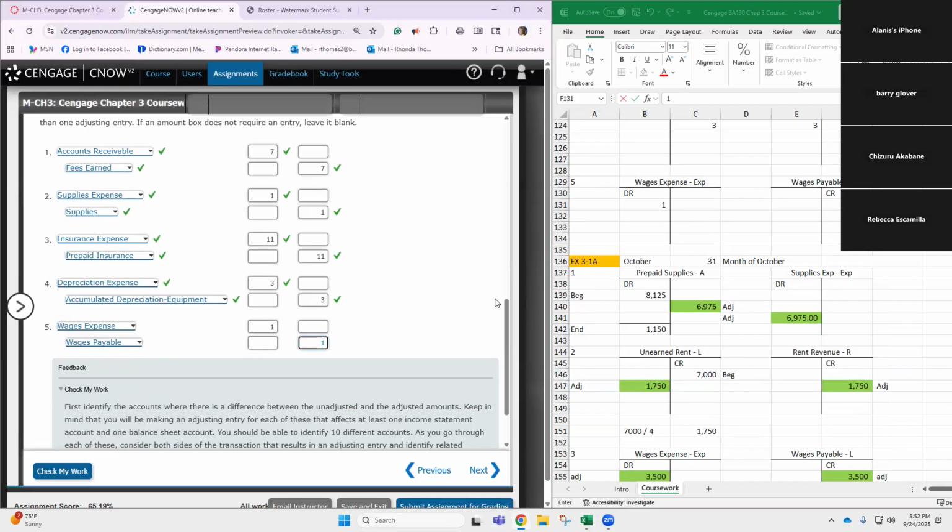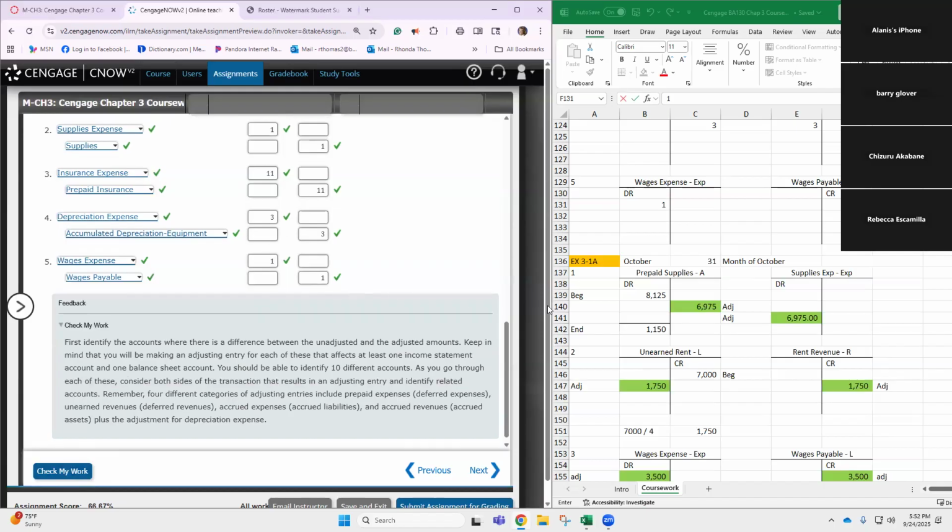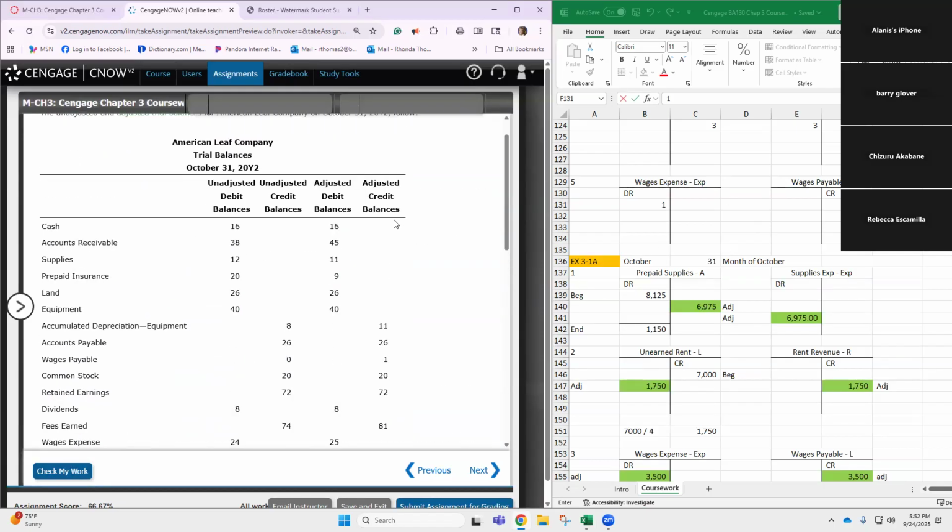Okay, so we went backwards, right? We went backwards to see if we could figure out why those accounts changed. Because when we're finished, you're going to see an adjusted amount when you're finished with adjustments. This is before the adjustments. This is after.